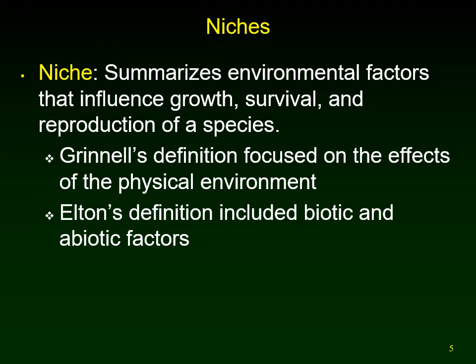So it might be that you could live perfectly in a certain environment. Let's say a kangaroo could live perfectly in tropical rainforests of northern Australia, but doesn't because of other factors. Maybe it's diseases, maybe it's predators, maybe it's a food source. So the biotic factors are just as important as the abiotic factors.